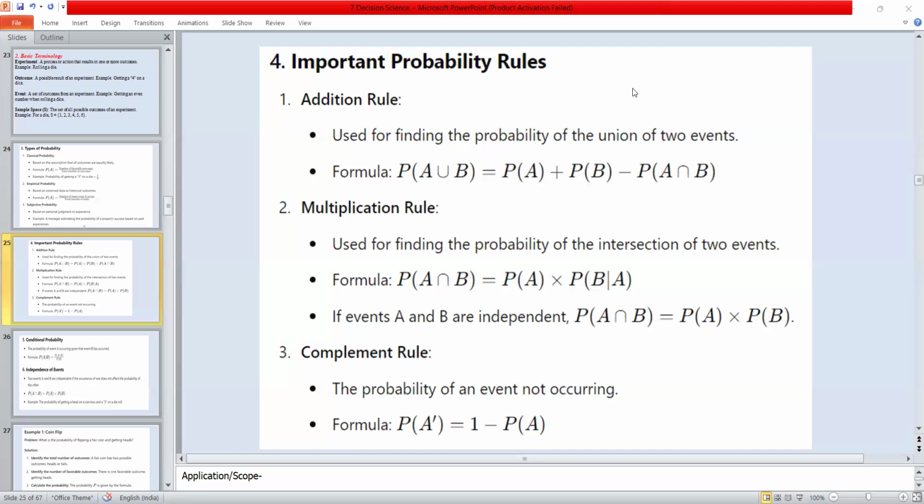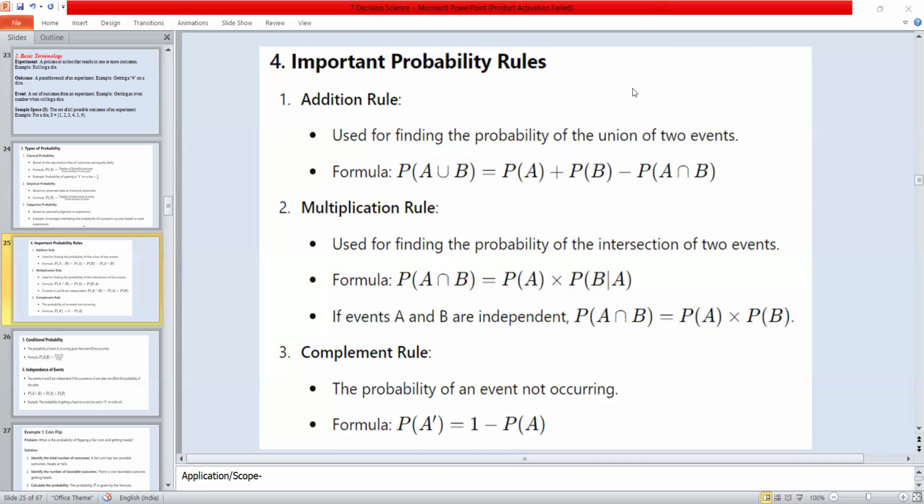Say there are two groups, A group and B group, and there are a few people who are part of A and also part of B. Those few students present in both A and B, that we have to minus. So probability of A union B is equal to probability of A plus probability of B minus probability of A and B, that we have to minus.